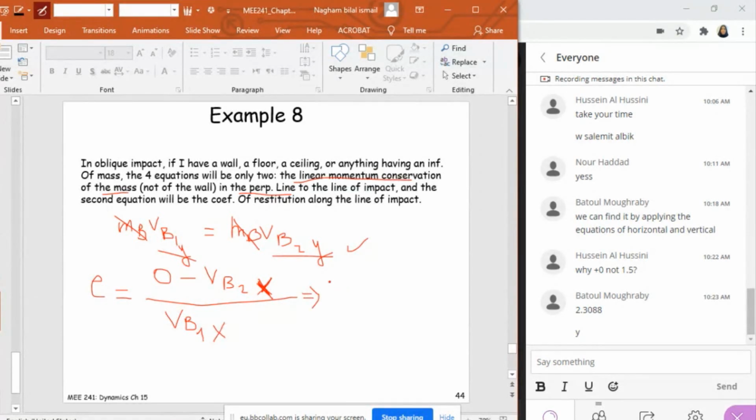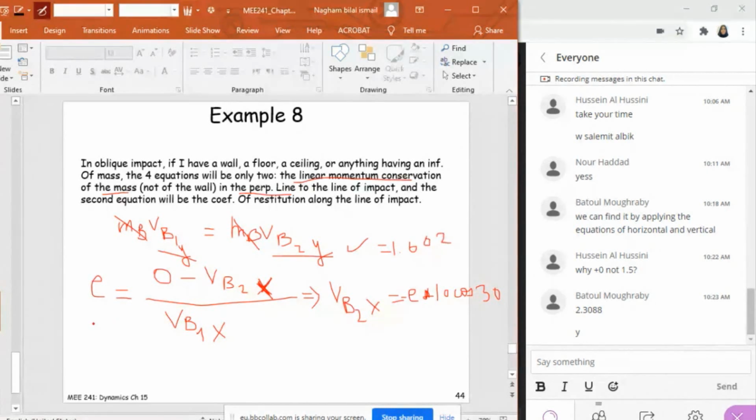Which means that VB2X now changes. So it's completely opposite from the projectile motion. Now VB2X will change while VB2Y will conserve. So VB2X will be E times 10 cosine 30, of course, in the negative direction. And this is, guys, logical because it will be rebounded from the wall, while VB2Y is equal to 1.602.